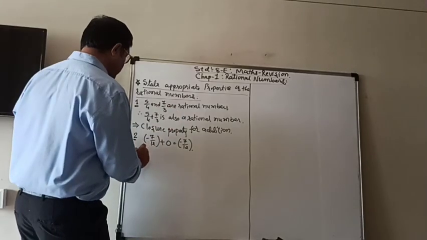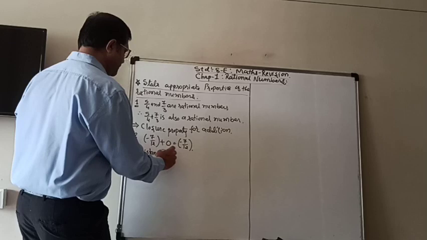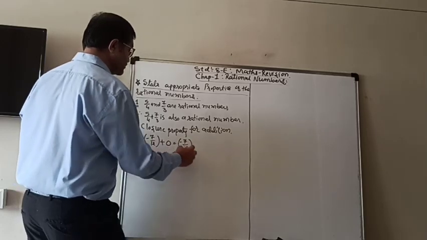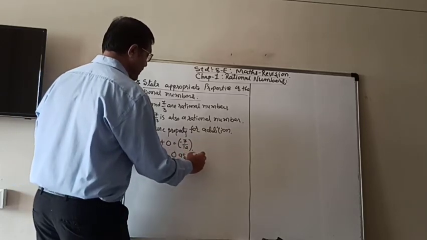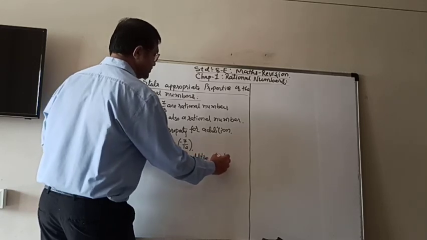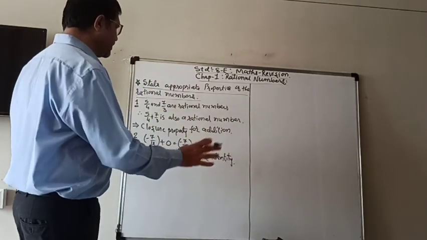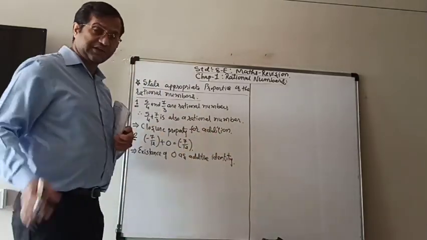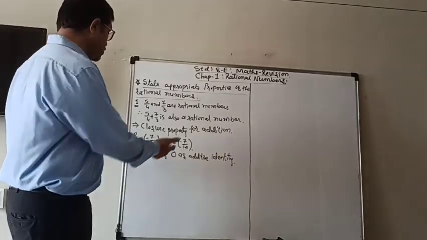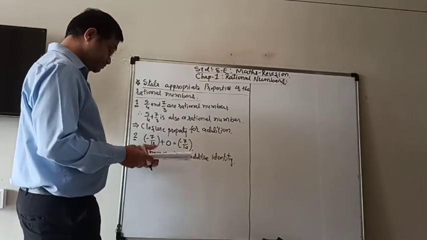So we can write down existence of 0 as additive identity. Or you can only write down 0 is the additive identity, then also it is fine. But you don't have to find the answers. Third one.